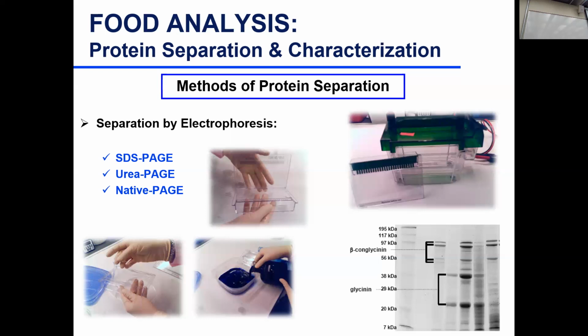Native means you don't have any detergent and don't break down any interactions, so the proteins migrate based on their charge and size, and they can be polymers because you didn't break any bonding. It's really hard to see any differences. If you want to see the impact of processing or thermal treatment, you won't be able to see much with native PAGE. So this is not done very much. Mostly you'll see SDS or urea PAGE.